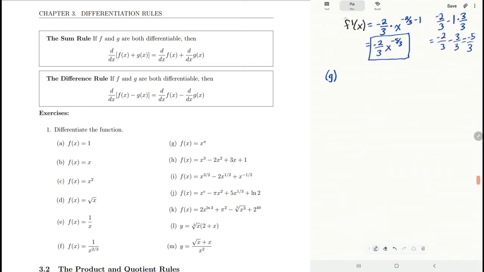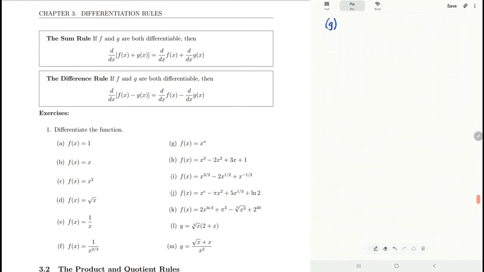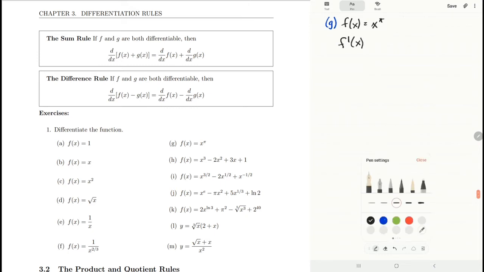In the next example, we have f is x to the power of pi. So here we are dealing with another power function where the power is pi. And we know that pi is a constant, and so we treat it just like any other constant.